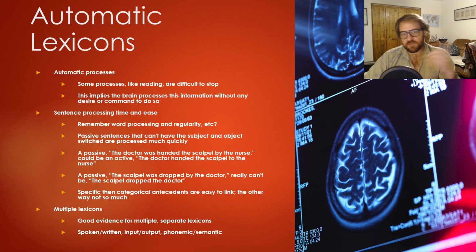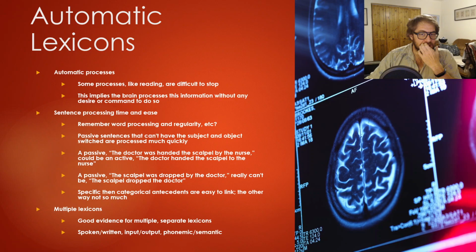Input versus output. Well, now we can think about things like aphasia, right? So an output lexicon is like someone with Broca's aphasia. They can understand everything you're saying to them, but they have words that they just can't get out. The output lexicon for them is impaired. Access to it is impaired. But the input lexicon is fine.